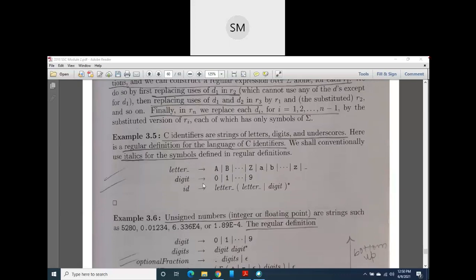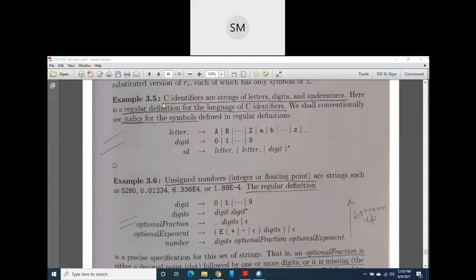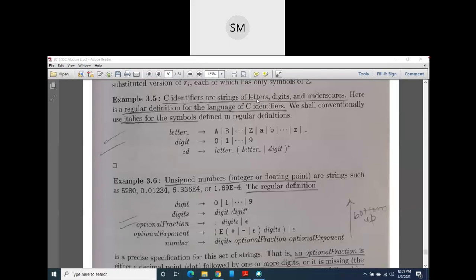So once again, just one minute. Here is one example for C identifiers or C variables. These C variables are strings of letters, correct? This is the pattern for identifiers of the C language. These identifiers are made up of strings of letters followed by digits, and underscores are also allowed there.